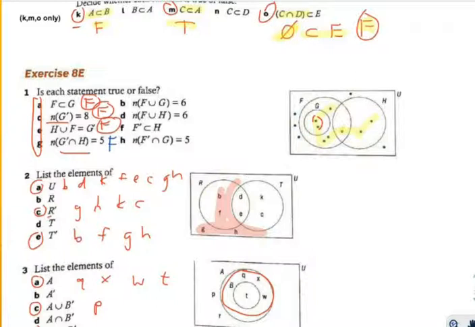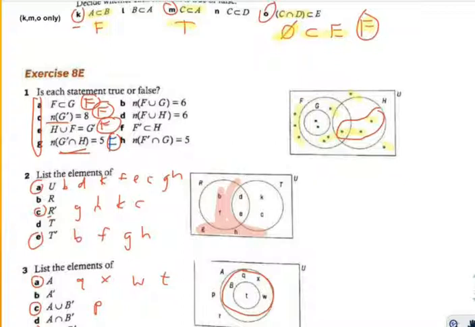Now how many elements are in G complement intersect H? G complement intersect H would be all the elements outside G intersect with H. H would be these three. So the intersection of these two sets would basically be H, right? Now how many elements there? There's three, so no, not five.